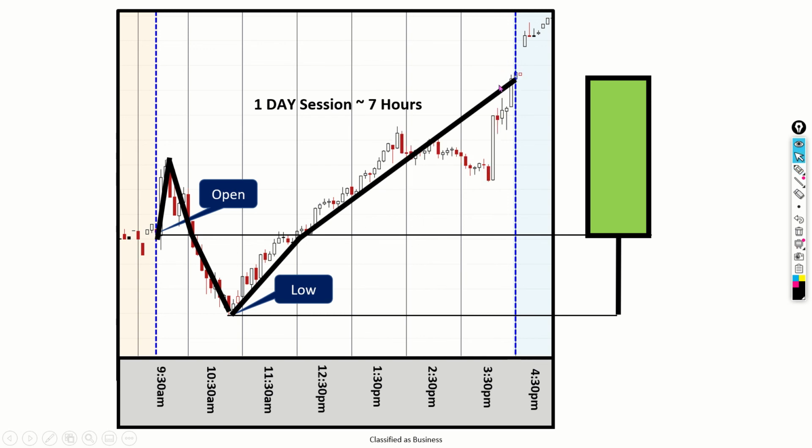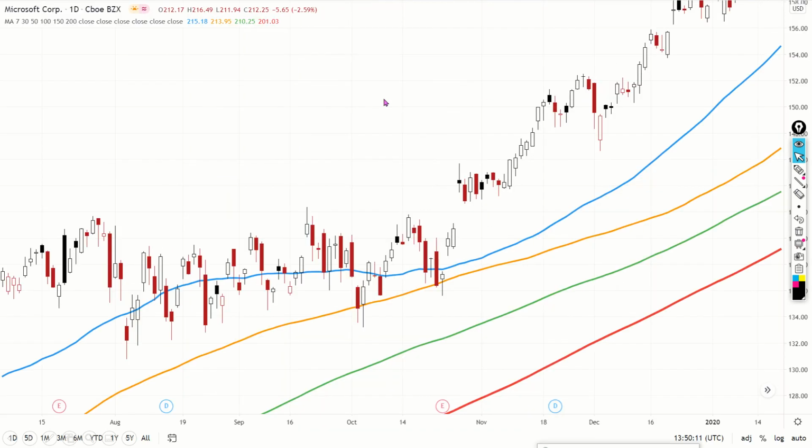The close and the high are actually at the same price in this case. If you look at the entire chart right here, this is Microsoft for instance, and if you find these kinds of bars, they are normally situated at the low part of the chart, at a very significant support level, as you may have learned in some of the earlier videos.